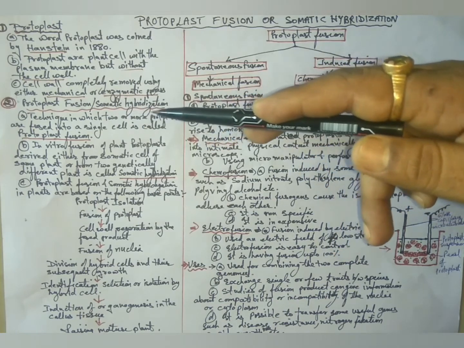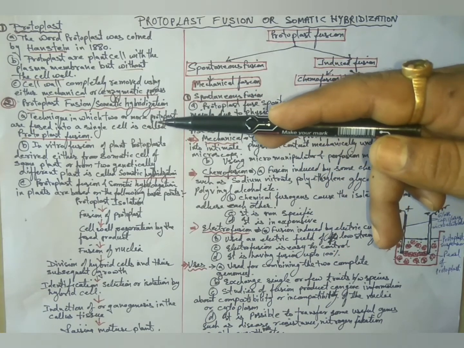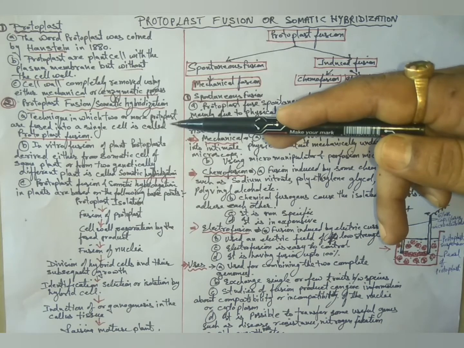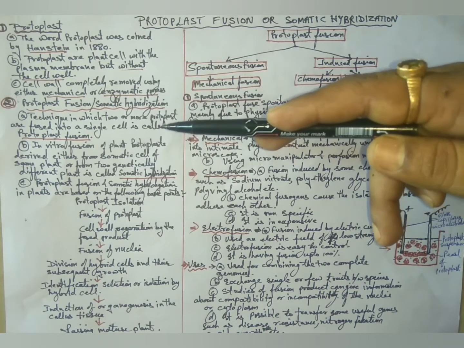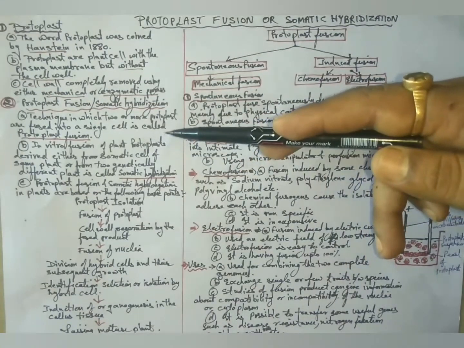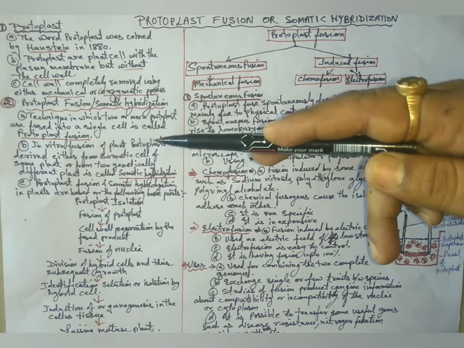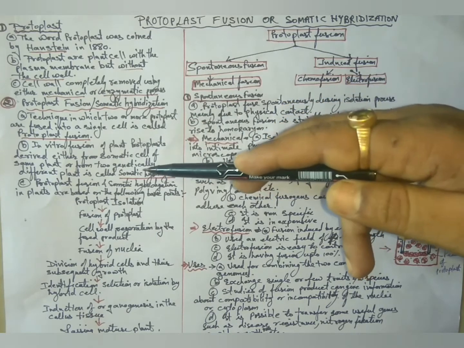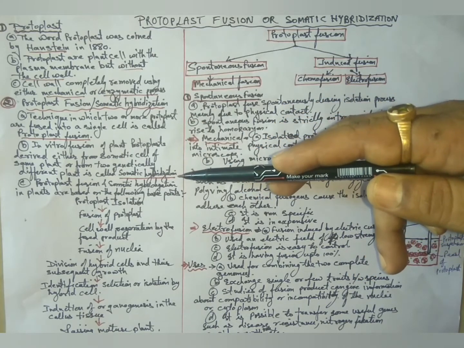The technique in which two or more protoplasts are fused into a single cell is called protoplast fusion. In vitro fusion of plant protoplasts derived either from somatic cells of the same plant or from two genetically different plants is called somatic hybridization.